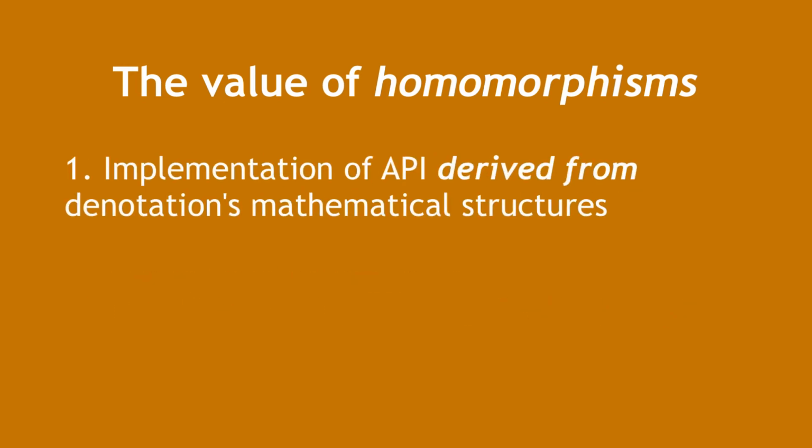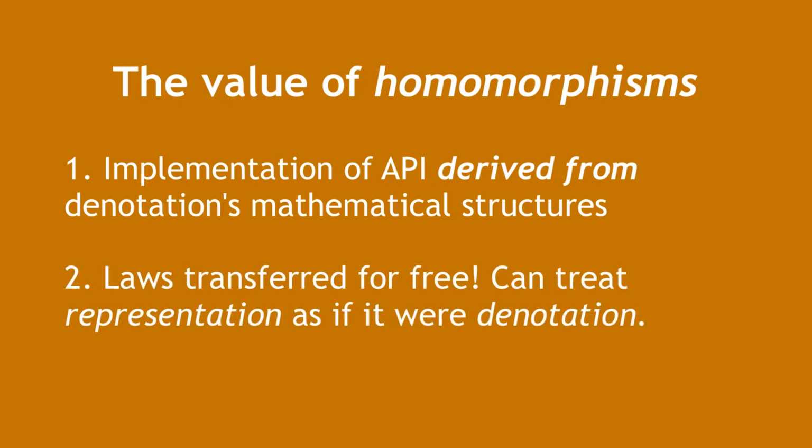One, we can use the homomorphism properties to derive the implementation of the analogous structures on the representation. That will be the main focus of this series of videos. Two, the laws that hold in the denotation are transferred to the representation for free. There is no need to do any further proof.